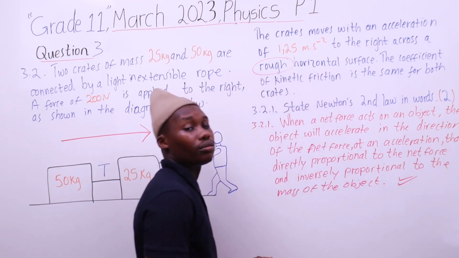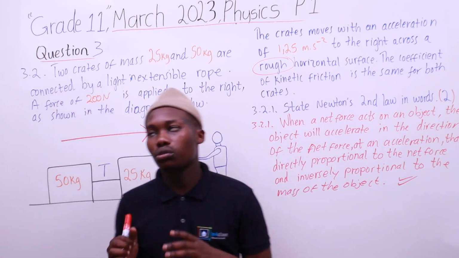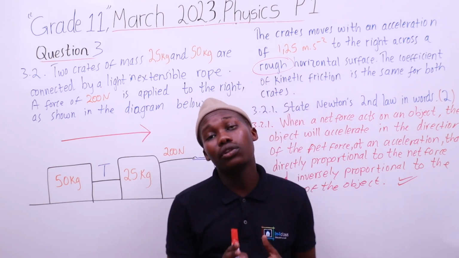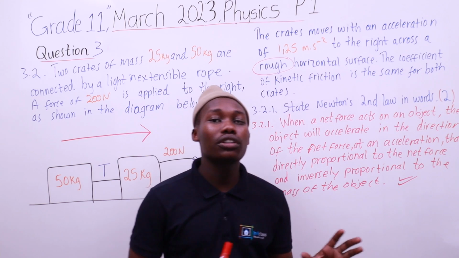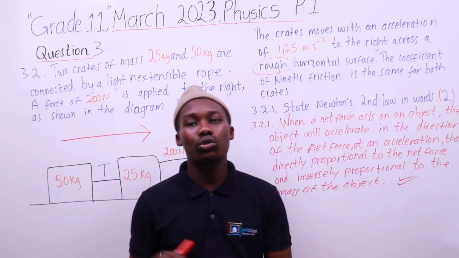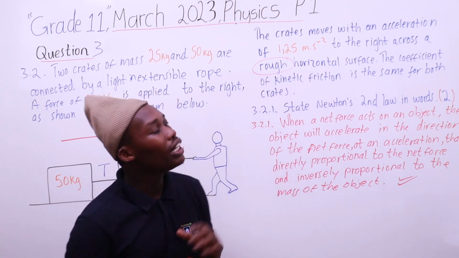So that is Newton's second law in words: when a net force acts on an object, the object will accelerate in the direction of the force at an acceleration that is directly proportional to the net force and inversely proportional to the mass of the object.